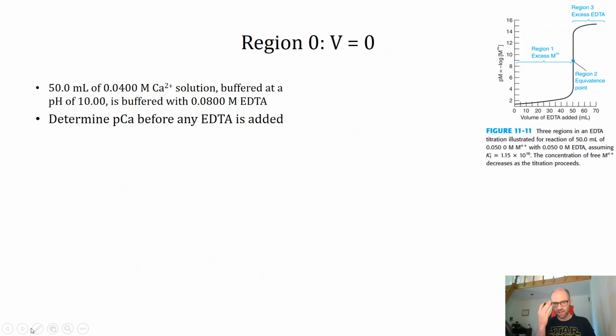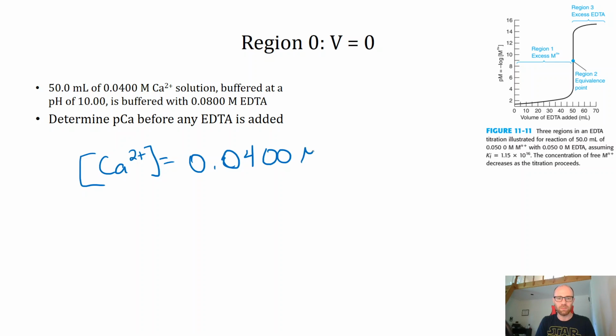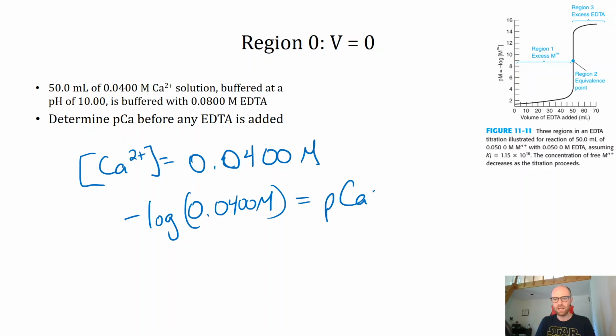To calculate pM, or pCa, we have to first figure out what Ca is. So for region 0, before any EDTA is added, this is pretty straightforward. The amount of calcium is equal to 0.0400 molar, and the negative log of 0.0400 molar equals pCa equals, I definitely forgot to calculate that. I calculated all the region 1 stuff and not this.